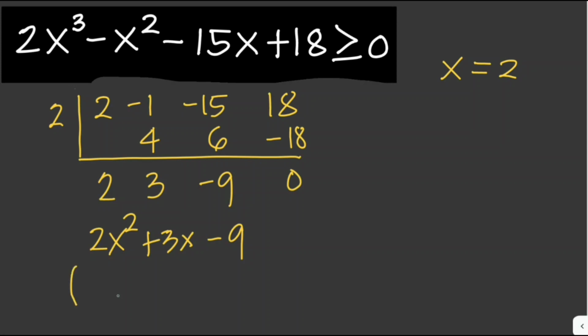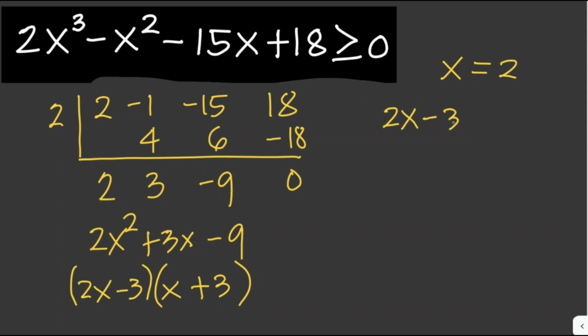Then we can factor this by the AC method. So we'll look for factors of 18 that add up to 3. That will be 6 and negative 3. So this is just 2x minus 3 times x plus 3. Therefore, the other points would be 2x minus 3 equals 0.